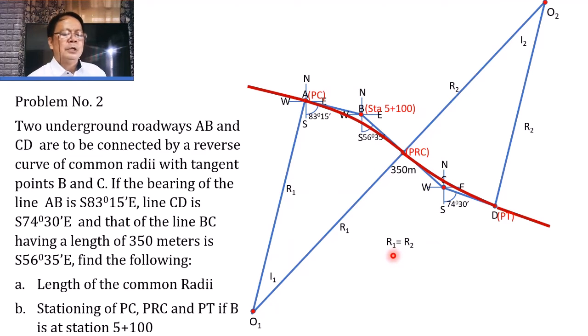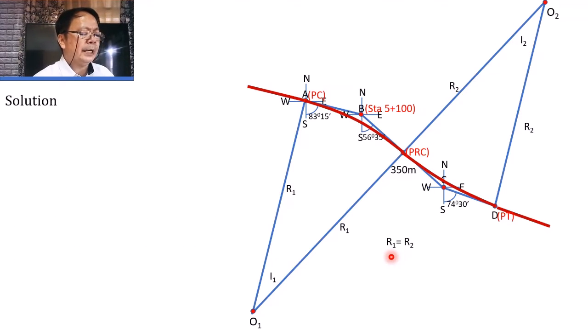Let us try to solve the problem by solving first for I sub 1, or the central angle of the first curvature. The first curvature has a central angle, which is also the same as this angle. As you would notice, it is also equal to the deflection angle of the common tangent from the back tangent.